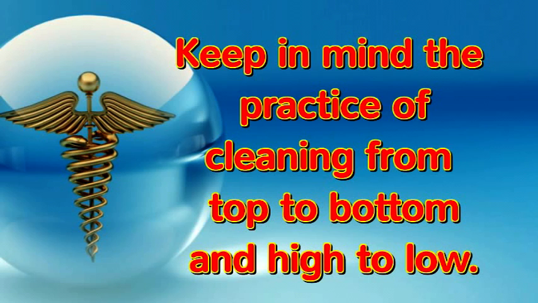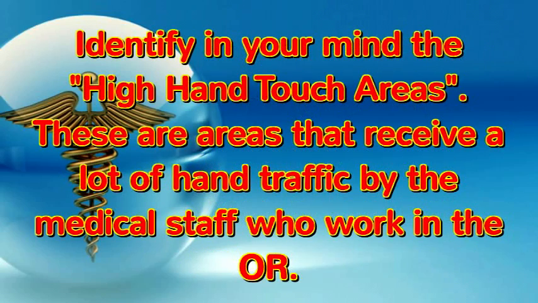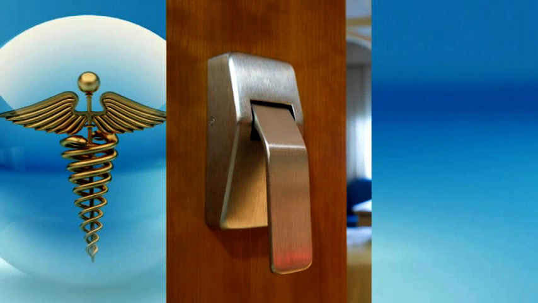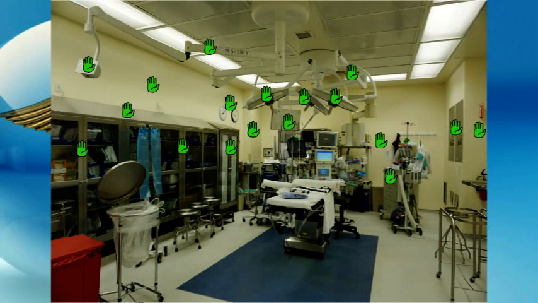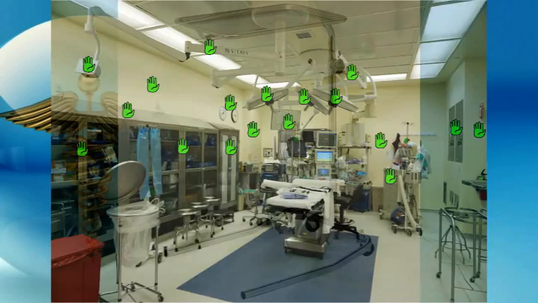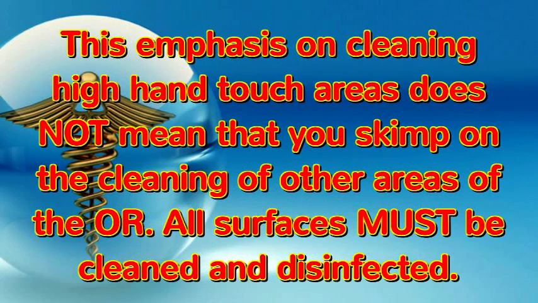In planning your work, take a moment to look around the OR and identify in your mind the high hand touch areas. These are areas that receive a lot of hand traffic by the medical staff who work in the OR. They include doorknobs, light switch plates, surgical light adjustment handles and pull spots, tray tables, counters, cabinet pull knobs.